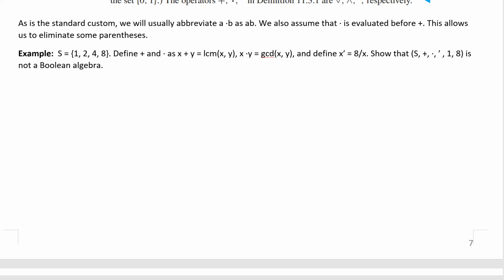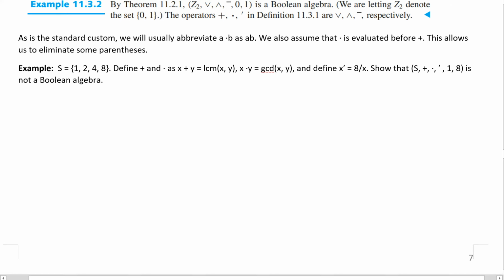Well, whether we want to show it is a Boolean algebra or not, we want to go through the laws. If it follows all the laws, then we can show it is a Boolean algebra. If it does not follow a specific law, then we can say it's not a Boolean algebra, because it violates one of the laws. Okay? So let's look at the laws again.